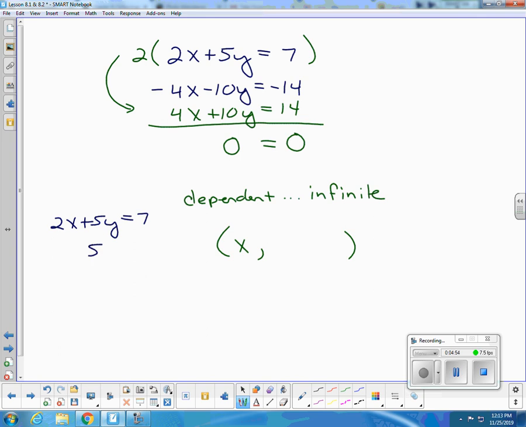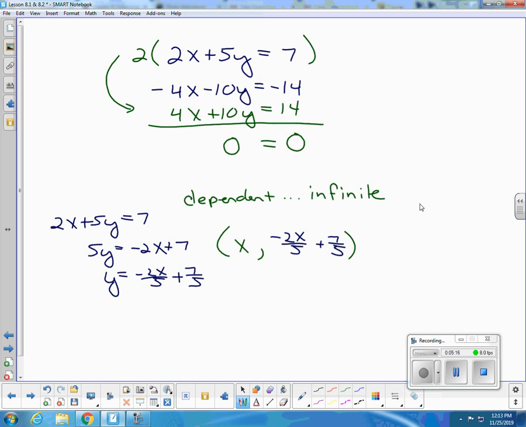Get the y by itself. So this is basically saying you can put anything you want in for x, and then the y value would be just plug in the x that you picked. Right? So that's how they're going to ask it in Math Excel.